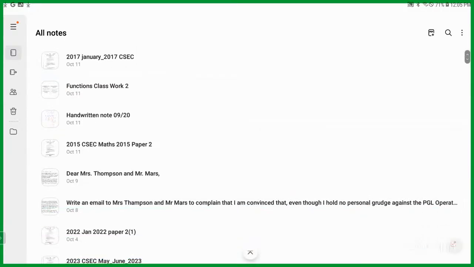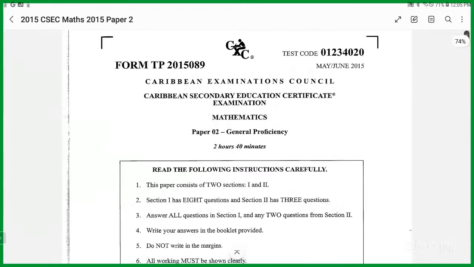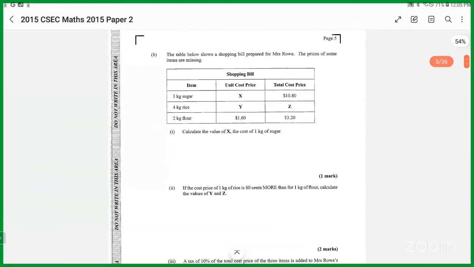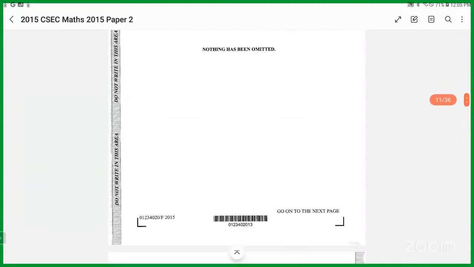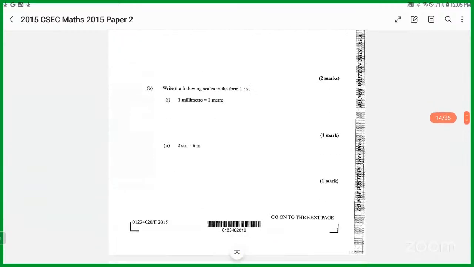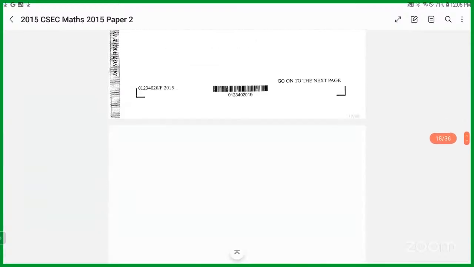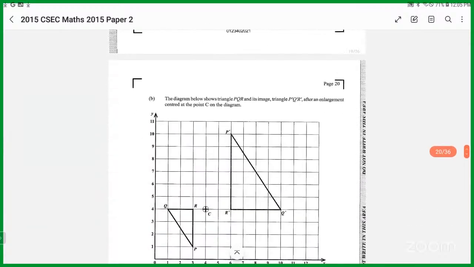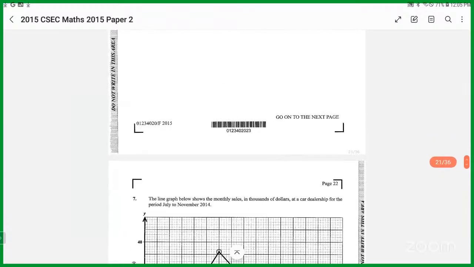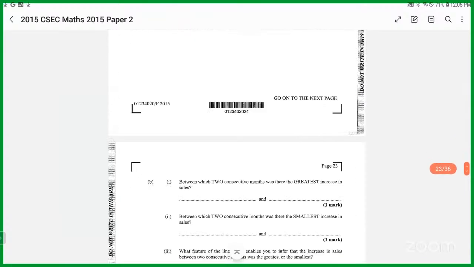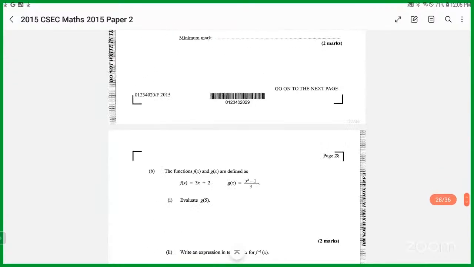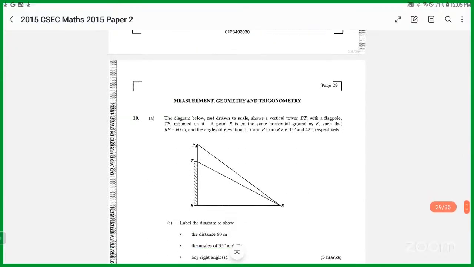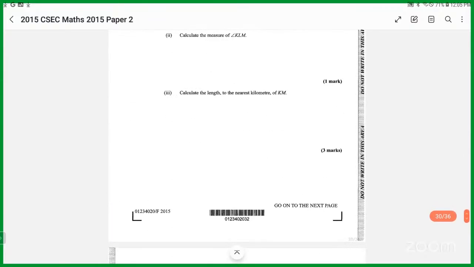Let's try 2015. Let's see. Functions. It's usually at the back.